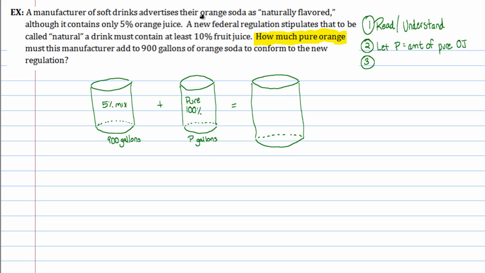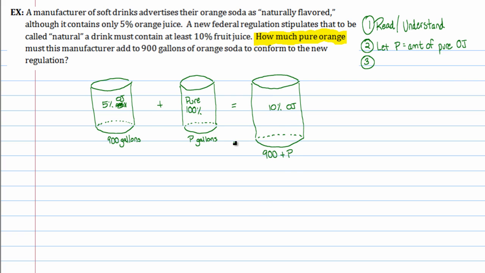And this should be, by federal regulations, 10% OJ. And the amount of gallons in this vat should be the 900 that we started with, because we're taking all these 900 and mixing in an extra P amount, so plus an extra P.